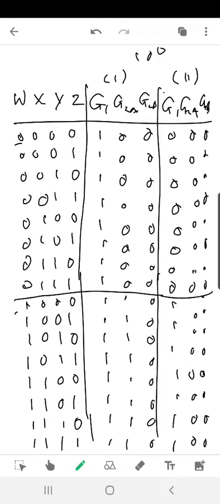The value of the enable pins of decoder number 1 is 100. That means decoder 1 will work, but the value of the enable pins for decoder 2 is 000. That means our decoder 2 will not work.